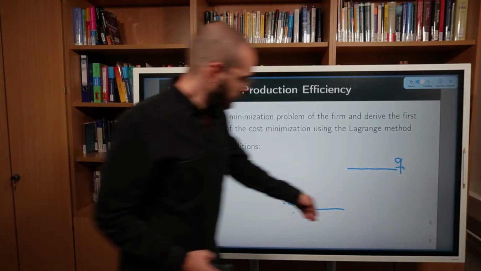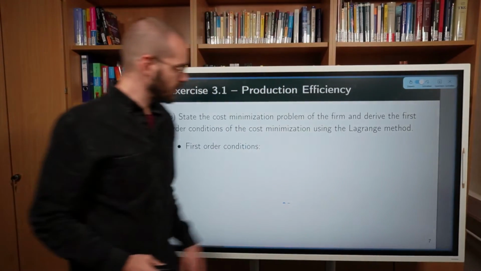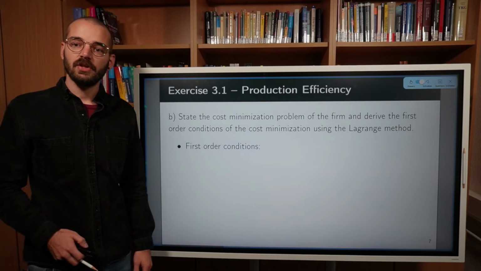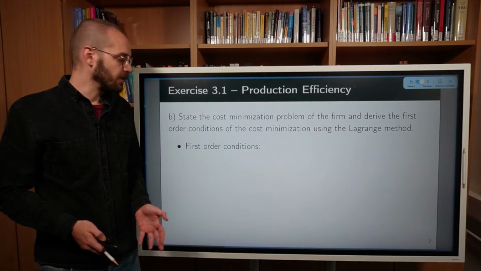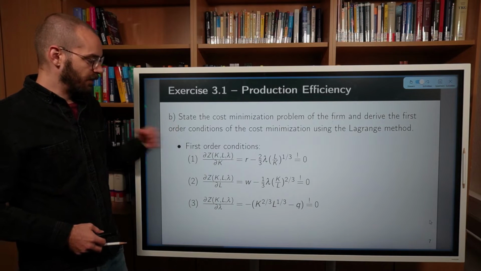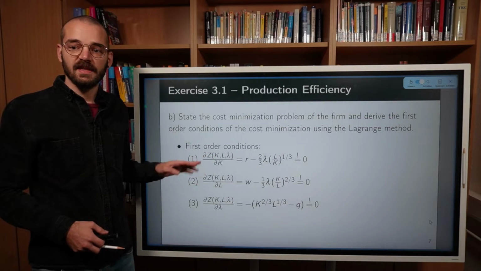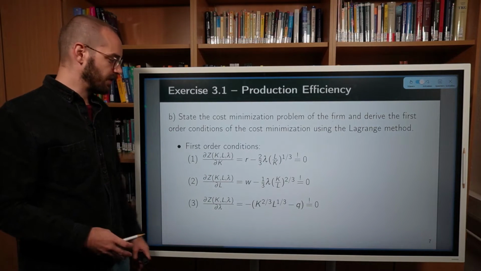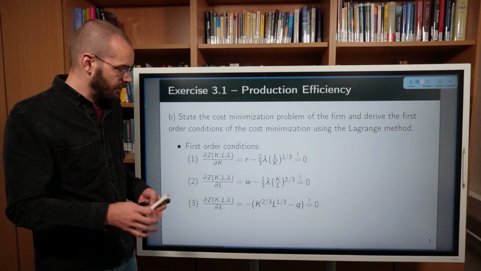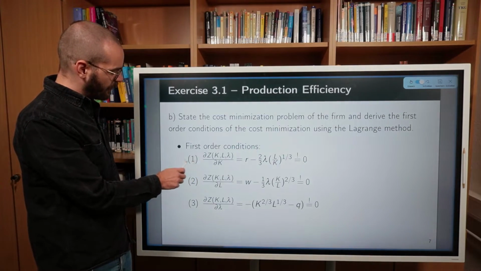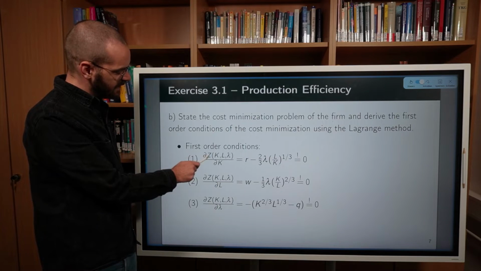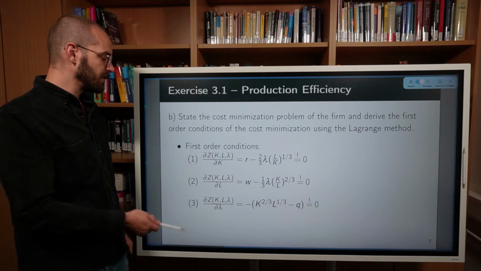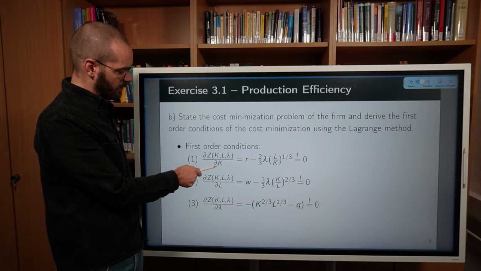Okay, given this Lagrangian function, this z function, we can now calculate the first order conditions of this minimum that we are looking for. All right, so because we have three arguments in the function, k, l, and lambda, we have now three first order conditions, which respectively result from the partial derivative of this z function with respect to each of the parameters. So the first one is the partial derivative of z with respect to k.